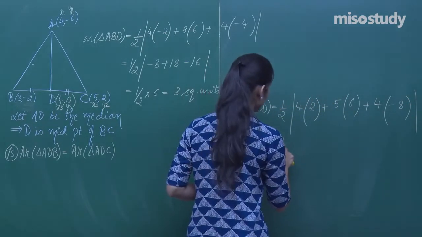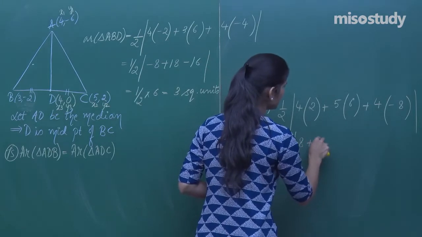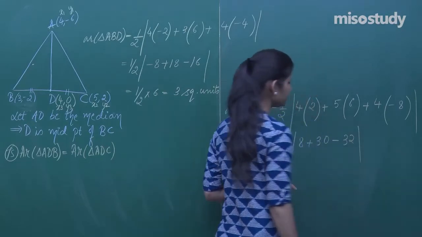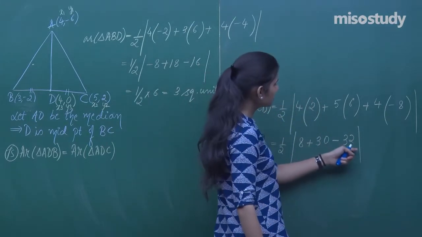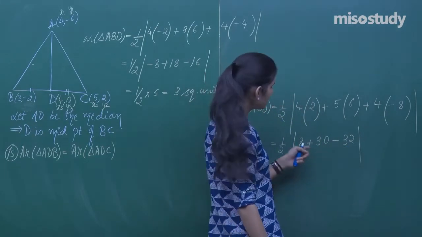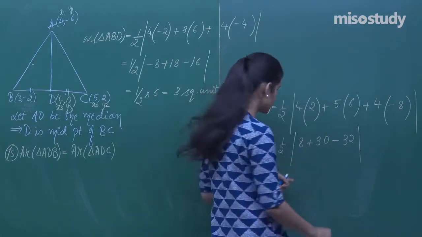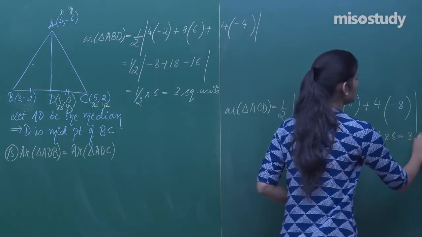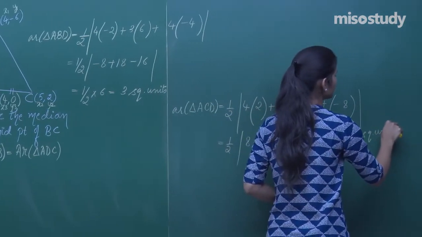This gives you half mod of 8 plus 30 minus 32. So 30 minus 32 gives you minus 2. Minus 2 plus 8 gives you 6. Mod of 6 is 6. You get half into 6, which is 3 square units.